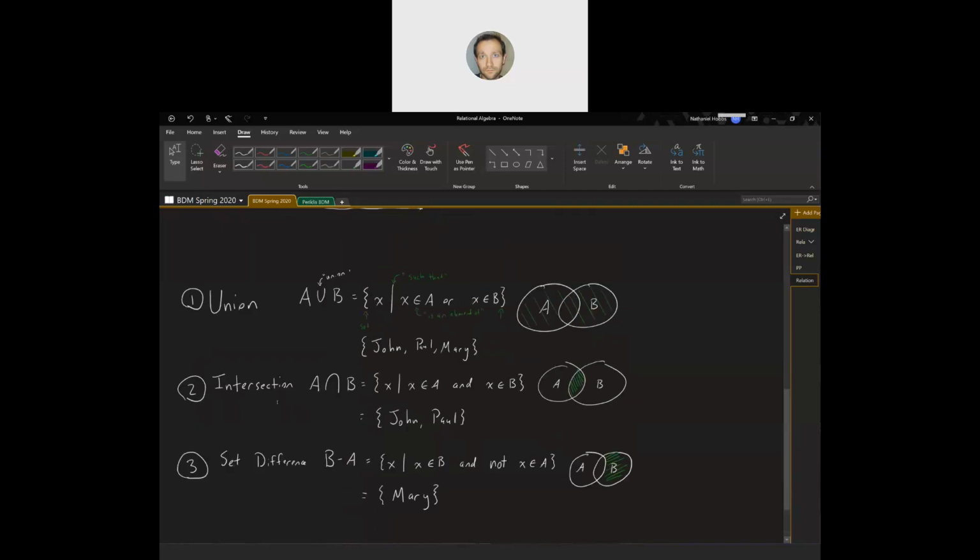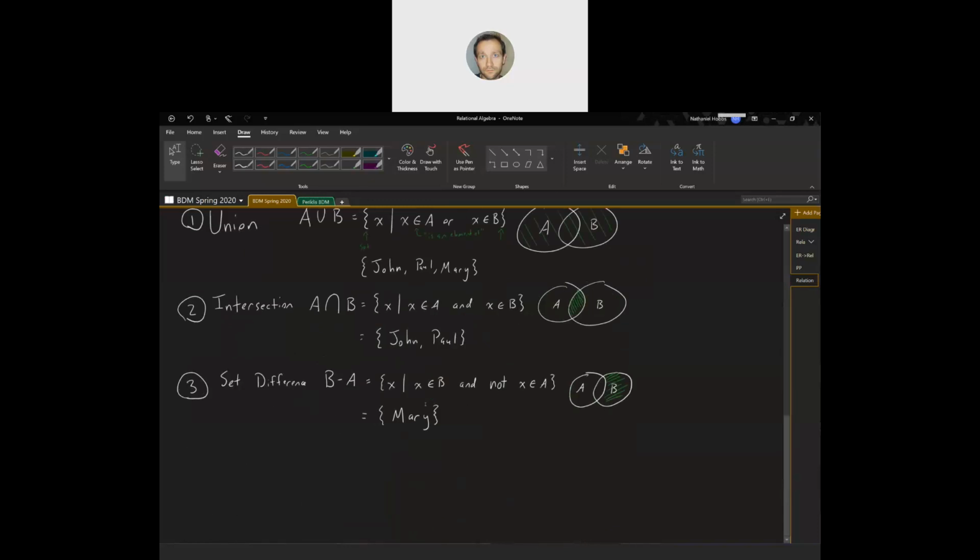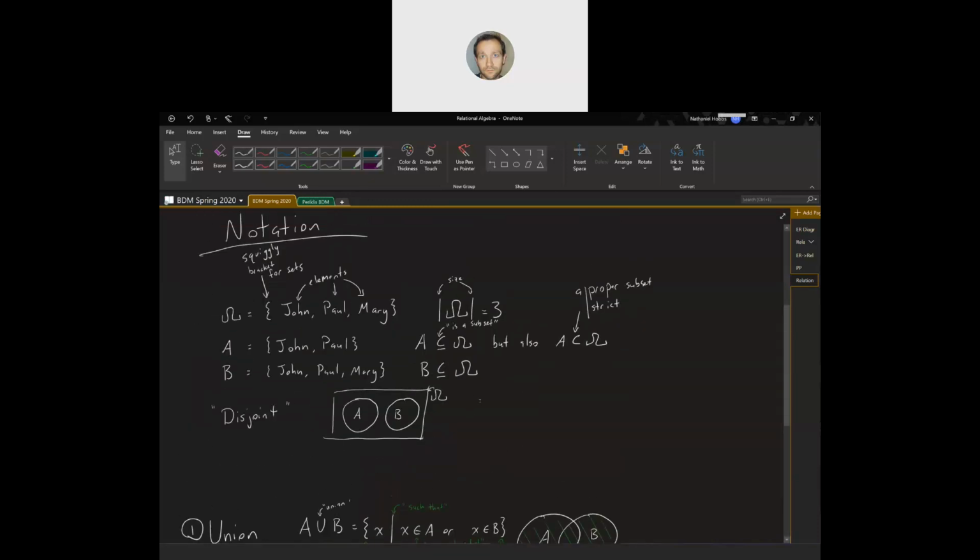Okay. Let me go back here. I want to try to keep this clean looking, but it is what it is. Okay, so let's do this example.